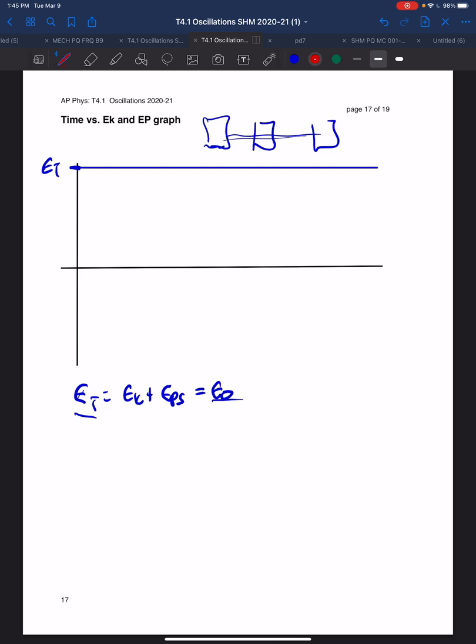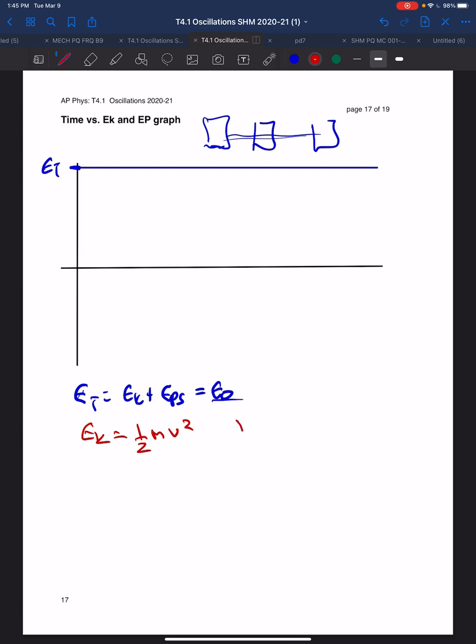We can look at our kinetic energy, which is going to be related to the velocity. And that kinetic energy equals 1/2 mv squared.